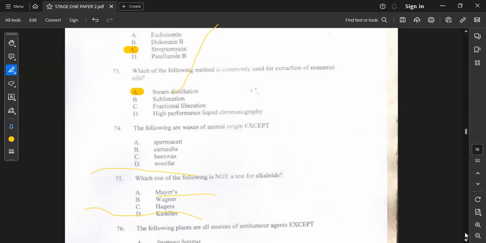Okay, question 74. Back to that. Why is that not an animal origin? Which one is not animal origin? Somebody said B is the answer. Yes, carnauba is from palm.